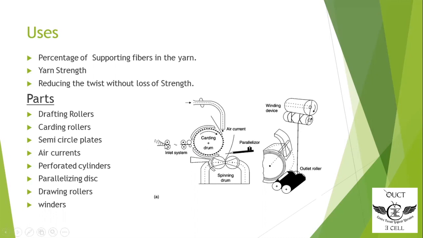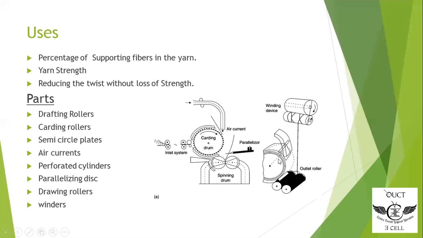The sliver is always the draw frame sliver, so from the inlet comes the draw frame sliver. As I told you yesterday, the sawtooth is a circular cylinder, that is a carding drum. Then it goes to the semicircular plates, then suction air current flows it here, and the twist will be induced. Then here comes the parallelizer.